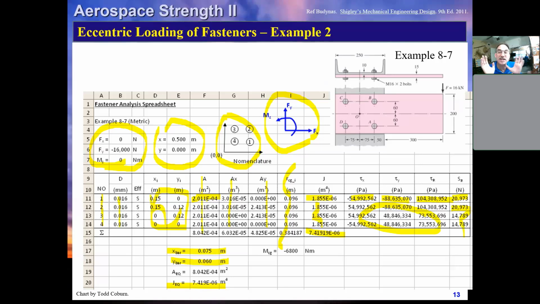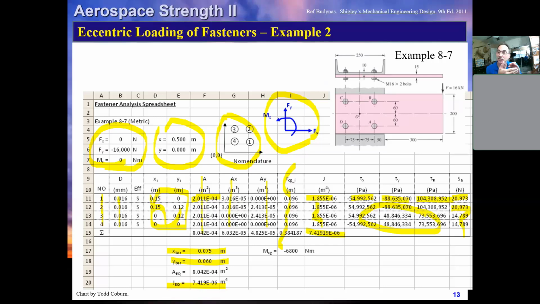If I ask you what is the critical margin of safety for shear, you will have to calculate the margin of safety for each and every fastener and then report whichever is lowest. If I ask you what's the margin of safety for bearing, and if you have a bearing allowable for the fastener, you can just take the bearing allowable over S minus 1. If you don't have a bearing allowable, then you'll take this shear force and calculate the bearing stress, which is S over D, diameter, T, thickness.